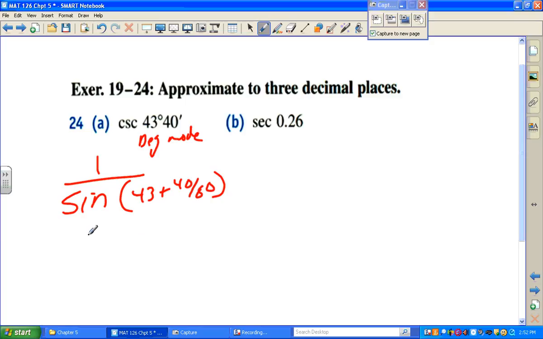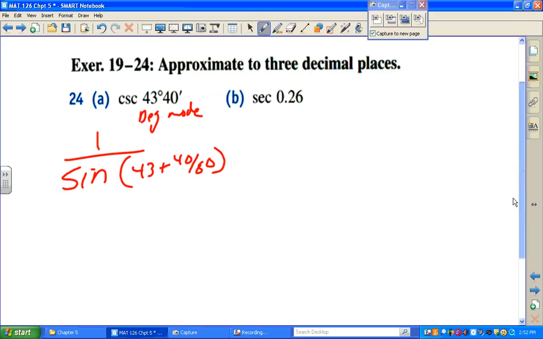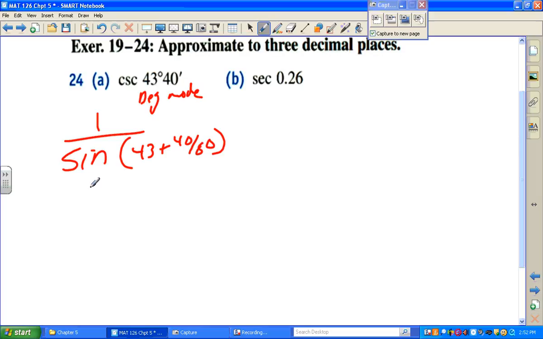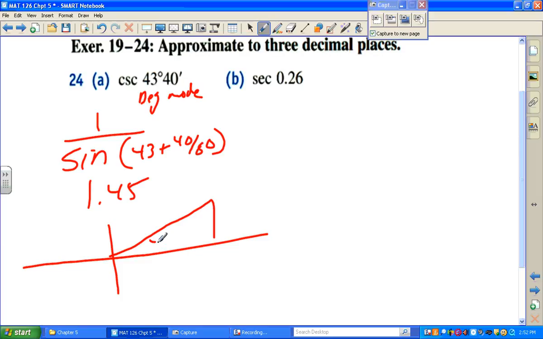What is it? 1.45? That means if I was at 43 degrees and 40 minutes, watch very carefully. If I put this over 1, is 1.45 the opposite side or the hypotenuse?